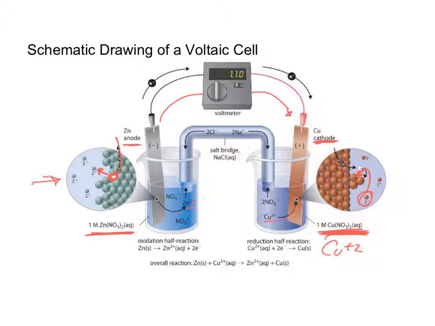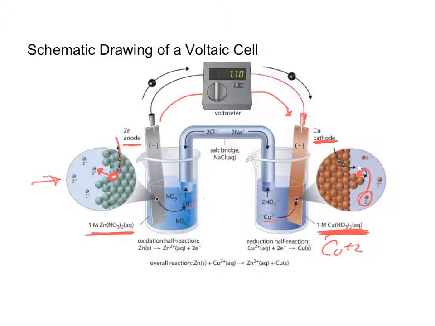So the sodium ion in the salt bridge is going to replace the copper ion. And on the other side, when the zinc comes off of the zinc anode, it is adding a bunch of positive zinc charge, and so the chloride ion comes in to offset that so that everything remains neutral.